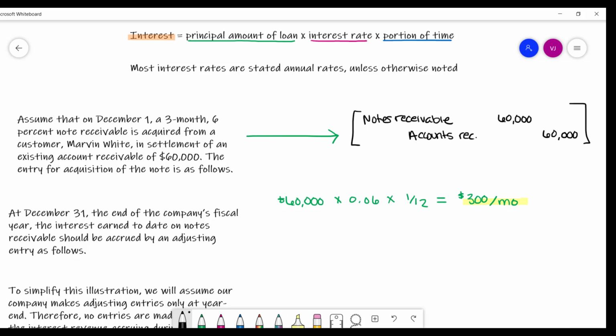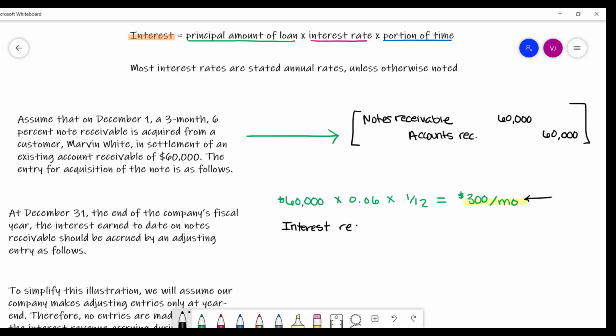So the entry that the company would have to record is this interest revenue that has now been earned. But we haven't received it yet, right? Because Marvin will have to pay the $60,000 plus interest at the end of 3 months. But now we're making an adjusting entry to record this interest that has been earned. So interest that has been earned but we haven't received yet, we will call interest receivable.